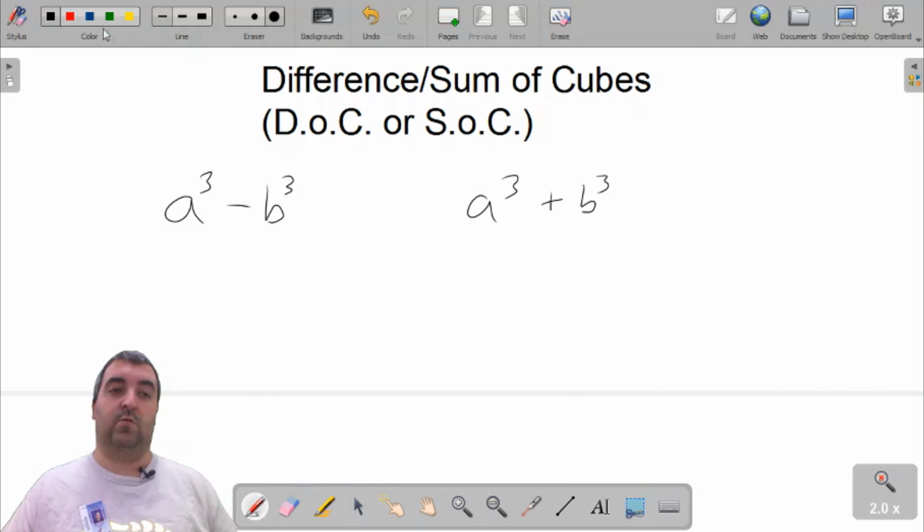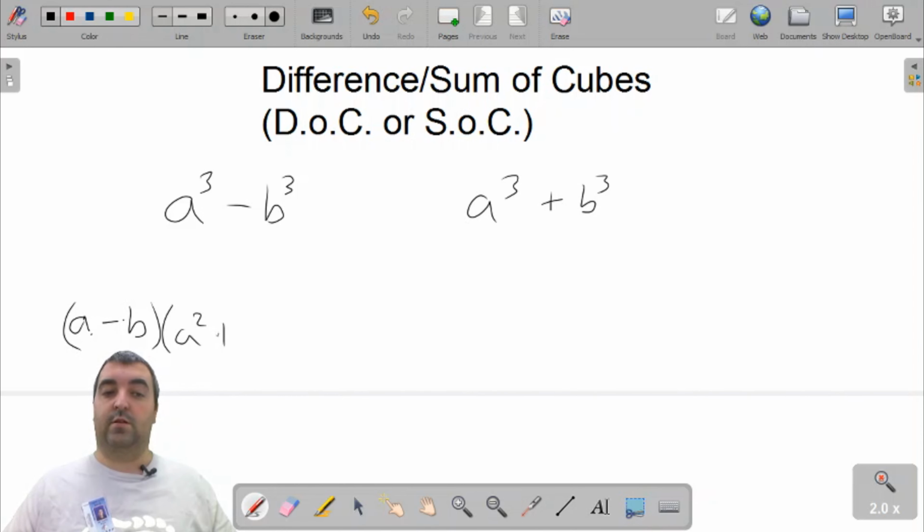For this, they're going to follow a very similar rule to factor. Whatever this a value is and whatever this b value is, when it's subtraction, it's going to be a minus b, and then a squared plus ab plus b squared.